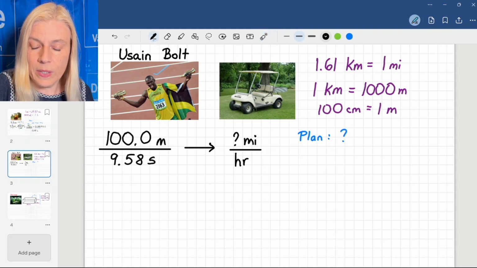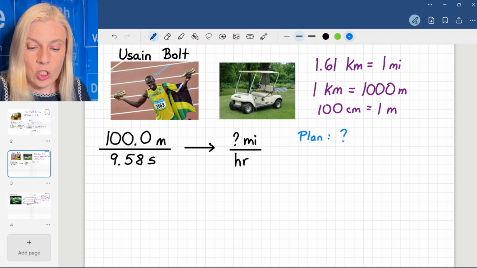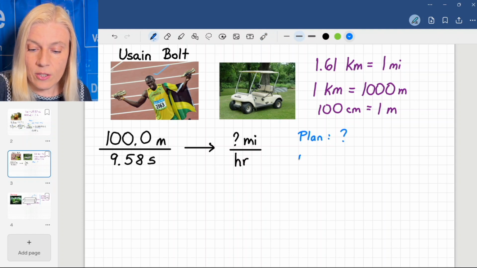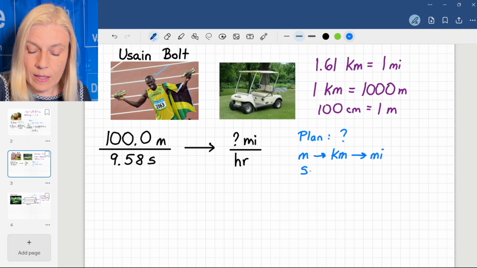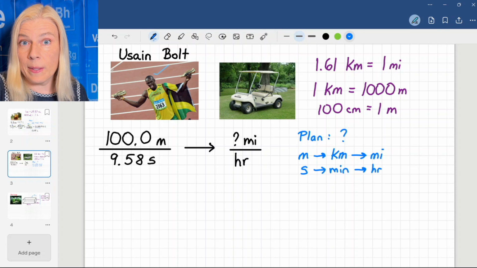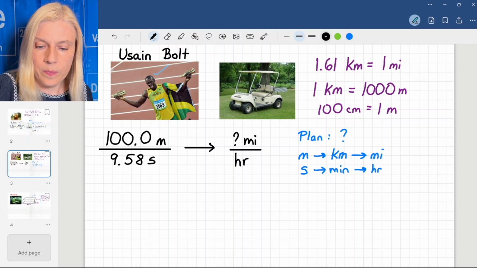My plan will be to first change meters to kilometers, and then kilometers to miles, and then seconds. I'm going to change seconds to minutes, and then to hours. That's my plan.